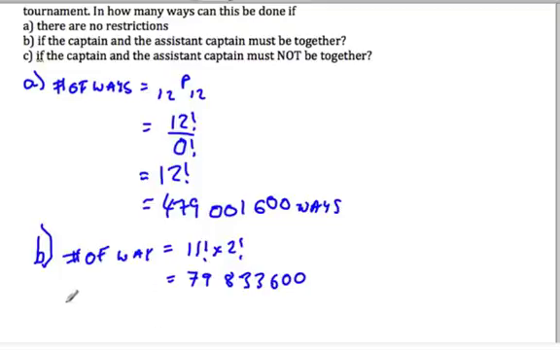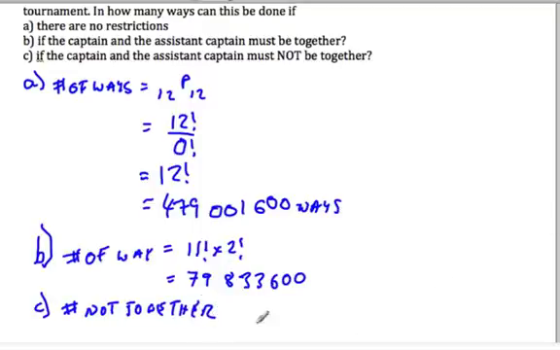Now, part C is a little bit different, and the question is, how many ways can they line up for the medals if the captain and the assistant captain must not be together? Well, the way we can figure out the number of ways they're not together is we're going to use the indirect method here.